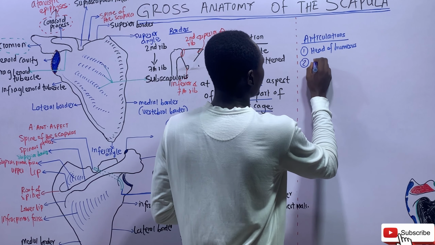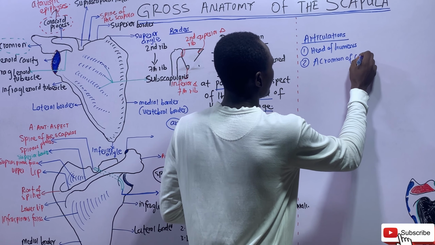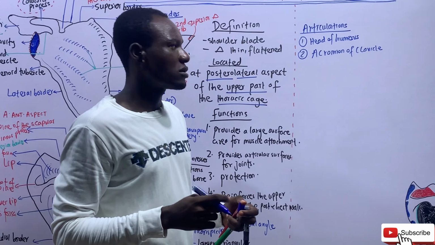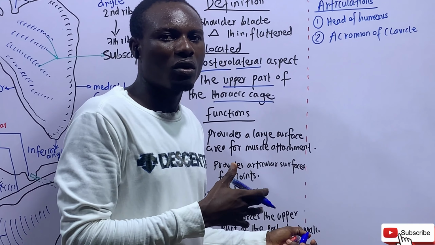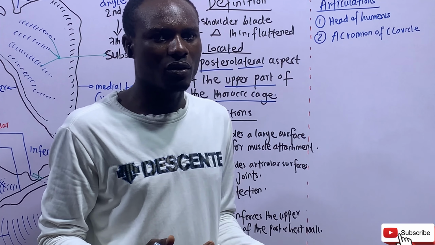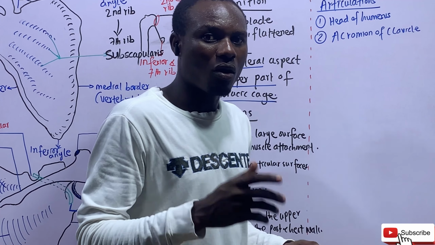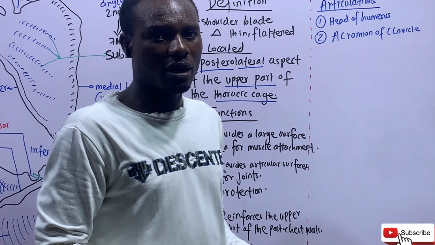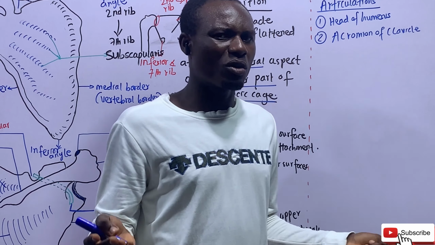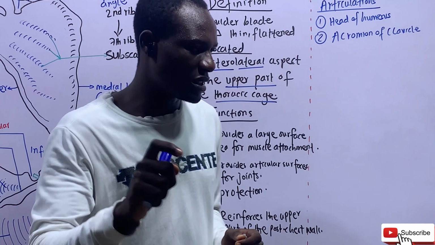It articulates with the acromion of clavicle, and a joint is formed. It's called the acromioclavicular joint. Okay, the acromioclavicular joint. And these are the various articulations of the scapula. You have ligamentous connections like the coracoacromial ligaments. Okay, so those are things you must take note of when it comes to the scapula.